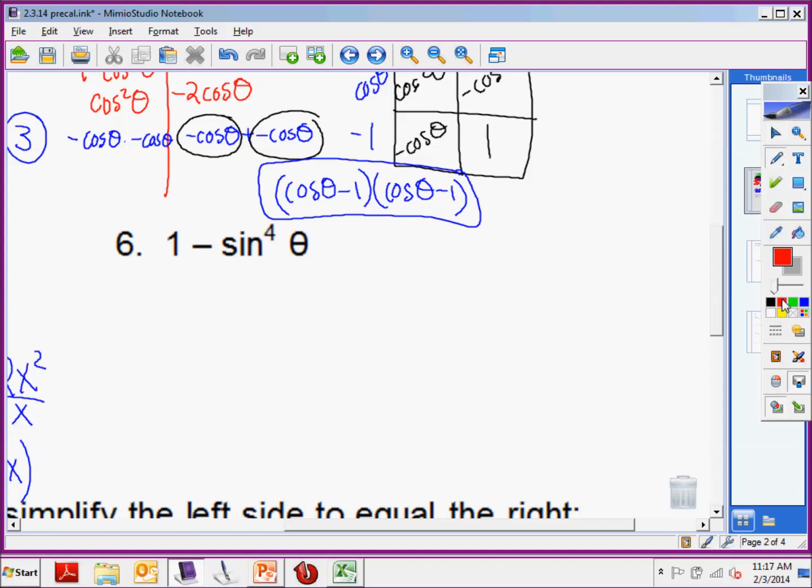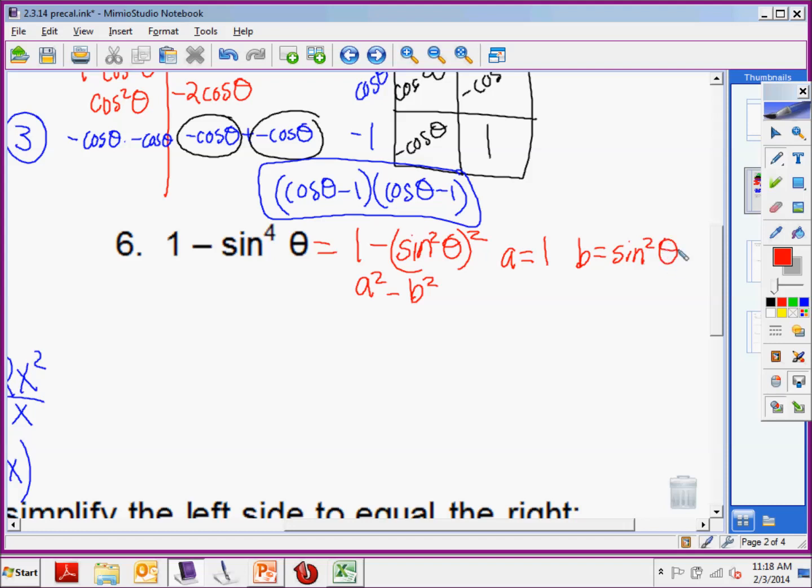1 minus sine to the 4th theta. When I look at this, what it's telling me is that I have 1 minus sine squared theta squared. That means I have 2 of them, because 2 times 2 is 4. The reason we put it in that form is because we can write it as a squared minus b squared. So in this form, my a equals 1 and my b equals sine squared theta.